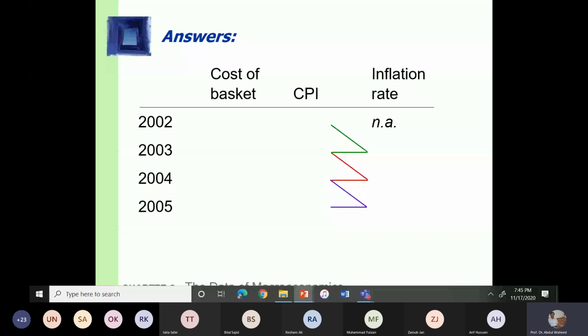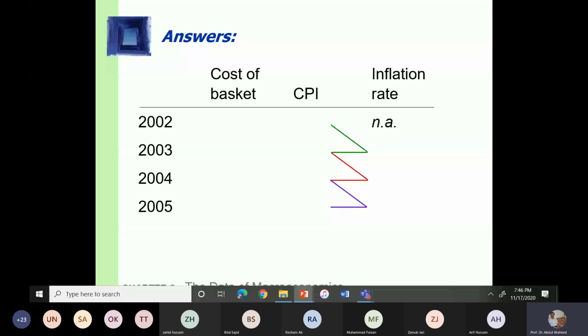So you have the answers. What is the cost of basket in 2003? 370. सबका आंसर 370. अब तो फर्क नहीं है. किसी और का आंसर है डिफरेंट? Okay, what is the answer for 2004 cost of basket? 400. All of you agree? Yes, sir.